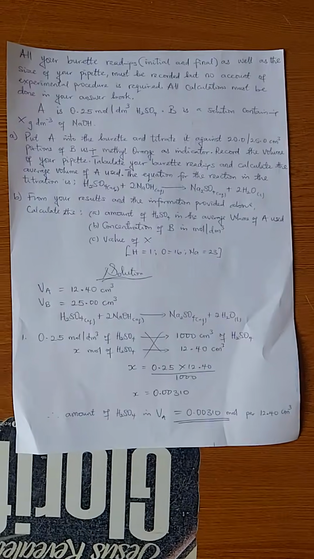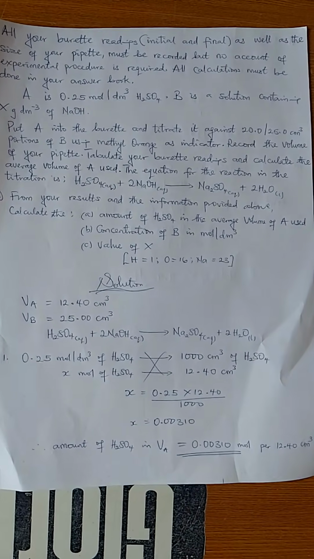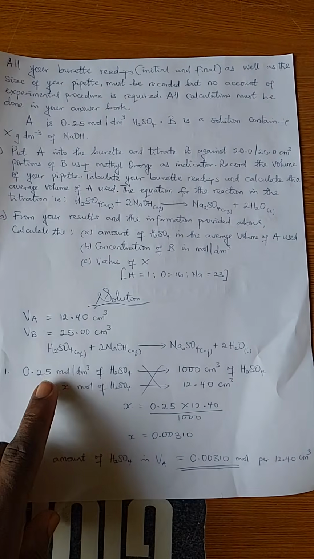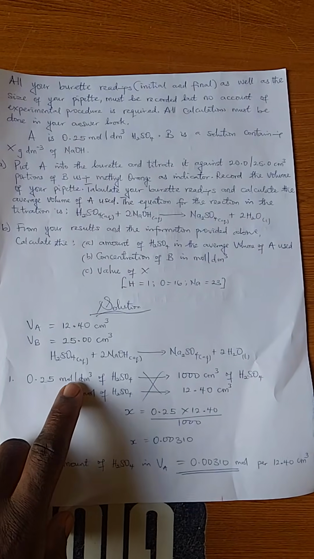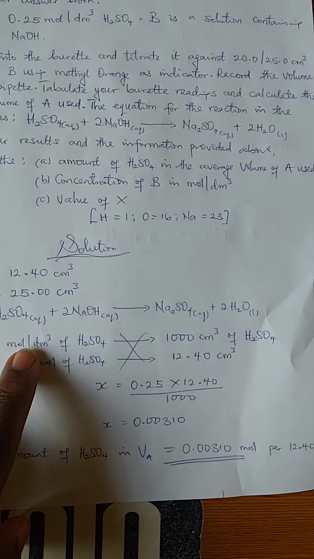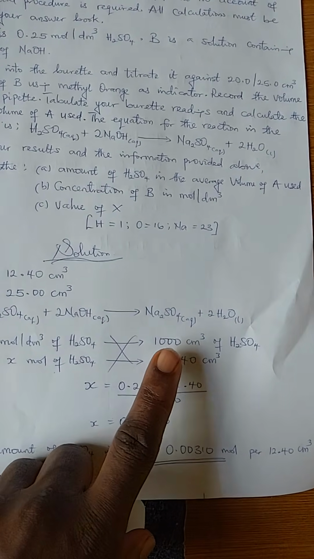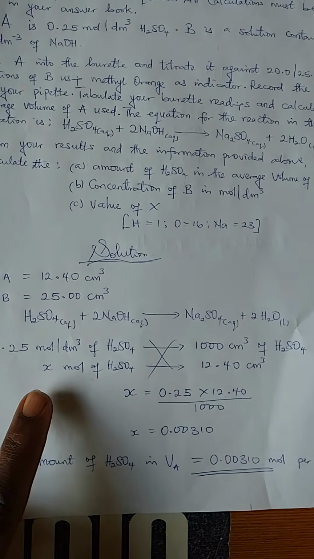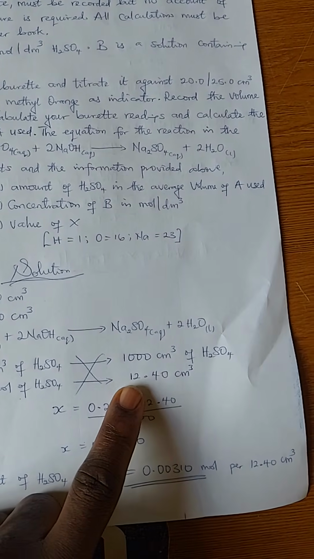Bear in mind that this 0.25 mole per dm cube of H2SO4 that you are given, when you hear mole per dm cube, that means it is dissolved in 1000. So this statement is saying that 0.25 mole actually is contained in 1000 cm cube of H2SO4. And now the question is asking you how much of it will be contained in your titre value, which is 12.40.